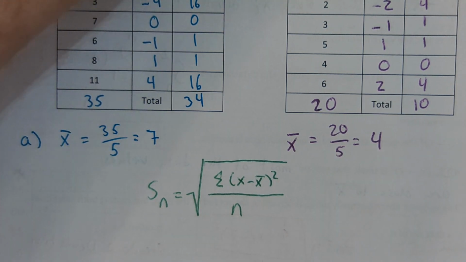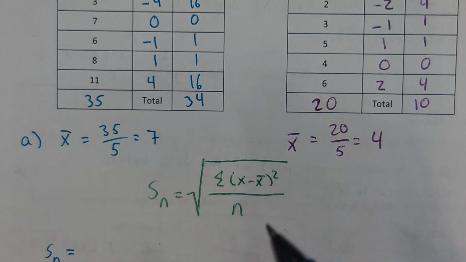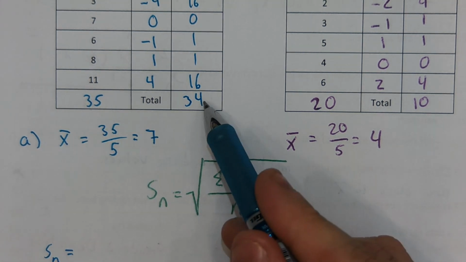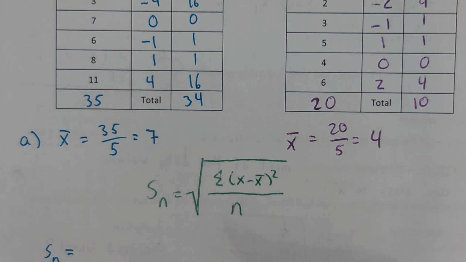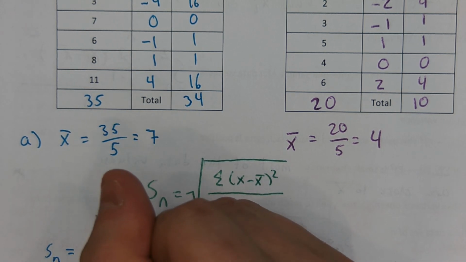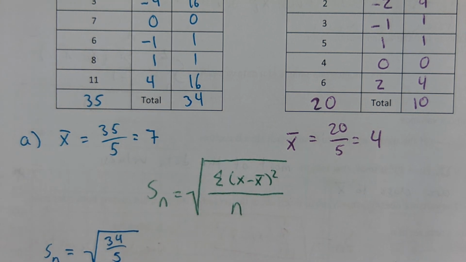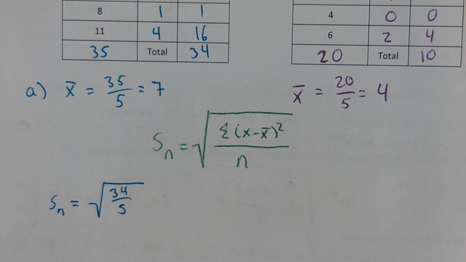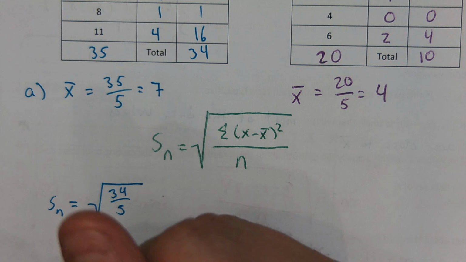So for part A, our standard deviation is 34 over 5, and then the square root of that. And if you don't know what that is right off the top of your head, you're probably in the wrong math class. Jokes, I'm kidding. I have no clue what that is without a calculator, of course. The square root of 34 divided by 5 is roughly 2.61.